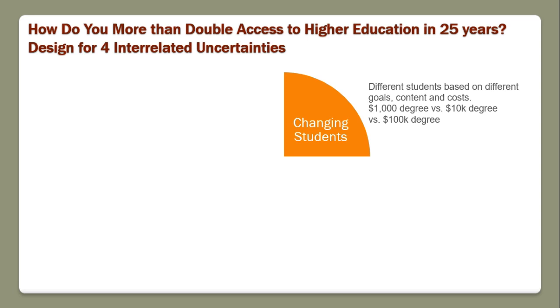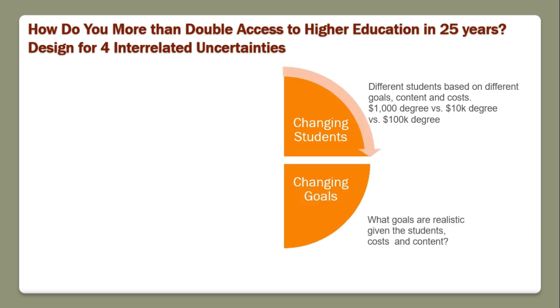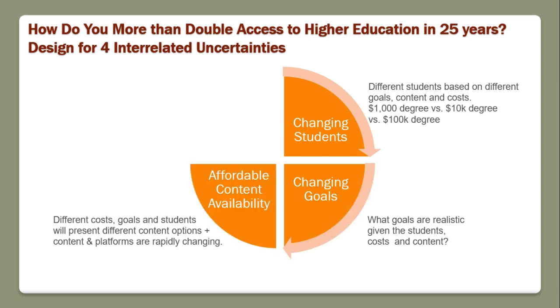So how you design a degree, if the whole thing is going to cost $1,000, is very different whether it's going to cost $10,000 in total or $100,000 in total. So then, you have different audiences, and then based on that, you're going to have different goals. So what goals are realistic given the cost and the content? Given the cost, goals, and students, so what content is available that's out there?